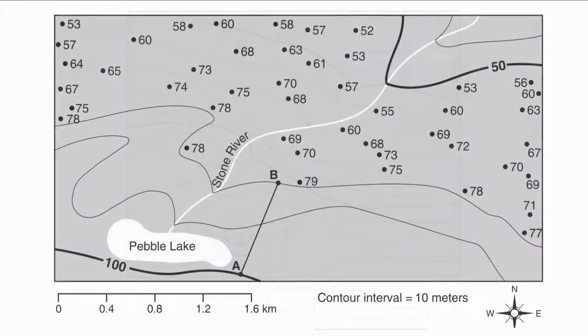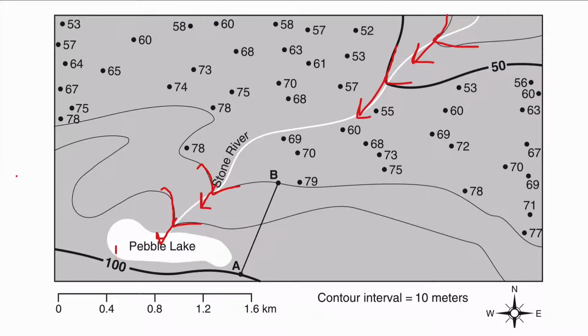Let's apply that same thinking to this map. We want to know what direction is Stone River flowing. Let's look for those V-shaped contour lines. Here's one. Here's another one. Here's another one. And here's another one. The V's are pointing, in most cases, in this direction.